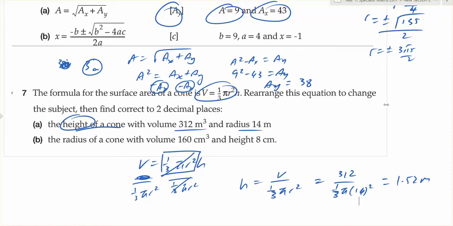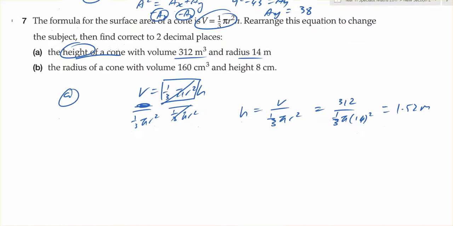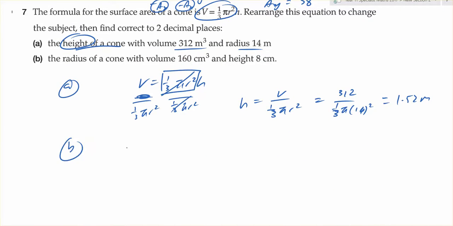For B, we need to rearrange it to make r the subject. Can you see r squared is times by a third pi h? So you can rewrite this as a third pi h r squared. Because they're multiplied, it doesn't matter what the order is. 2 times 3 times 2 is the same as 2 times 2 times 3.